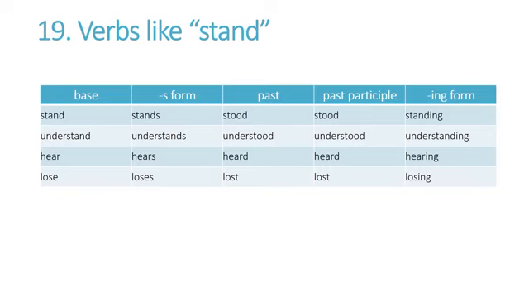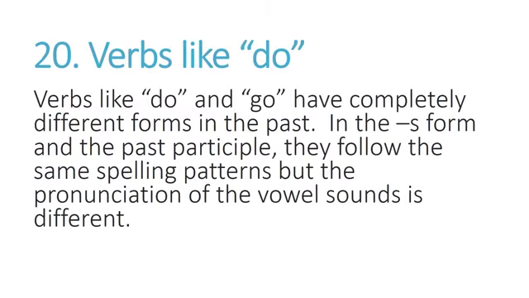These verbs are not exactly the same, but they do have some similarities. Verbs like do and go have completely different forms in the past. In the S form and the past participle, they follow the same spelling patterns, but the pronunciation of the vowel sounds is different. Let's look at the examples.